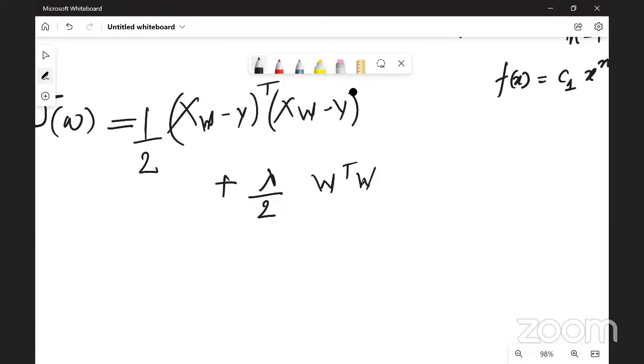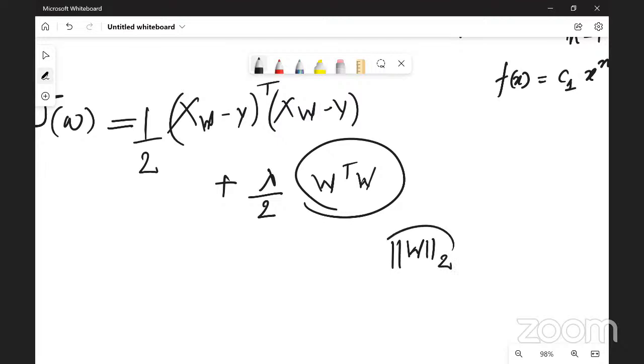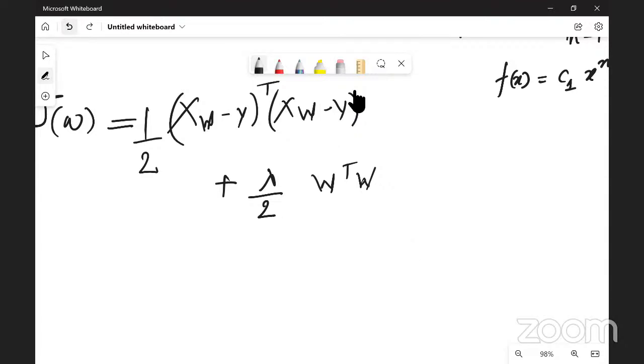Okay, so before we move forward, why do we do this? This is basically the second norm of W. What we are saying by adding this penalty term is, whenever the values of individual weights or parameters inside the weight vector are increasing, add the value of that into your loss function so that it does not do that.